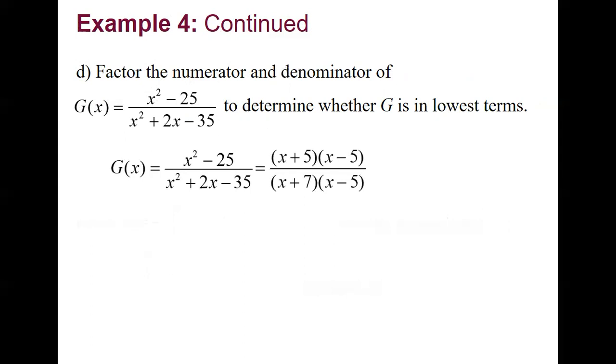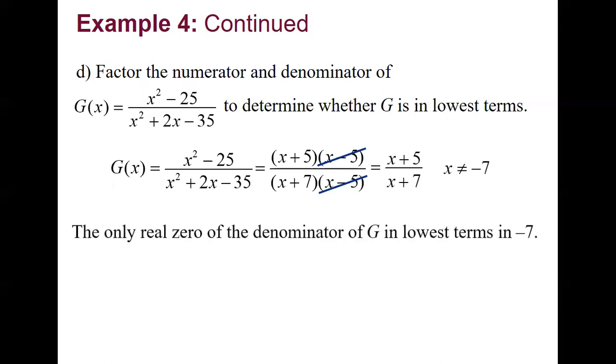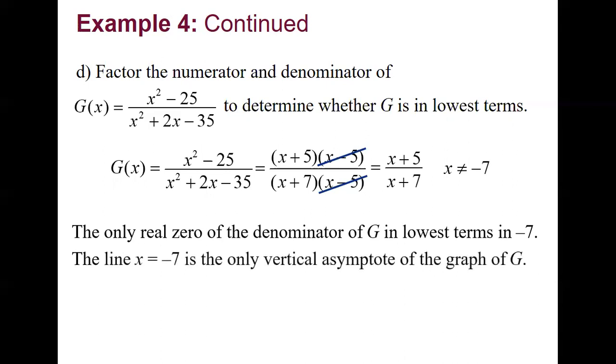What did we notice happen? They canceled out, they eliminated, right? So that means that they were holes, and I'm left with x plus 7 in the denominator, and therefore my only vertical asymptote is at -7, because at -5, it's a hole. There's a hole in my graph.